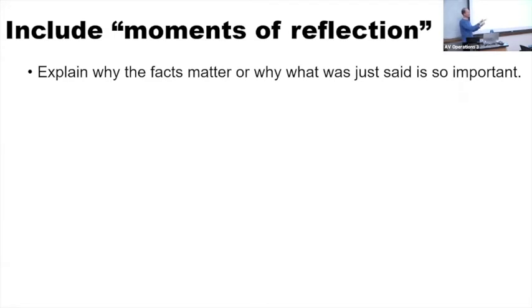So you may say that people sing certain types of songs, and then if you move on to the next thing, it's like, okay, he just said that there are certain songs. Why did you mention that they sing these songs, right? The song itself is not important, but it could be the music or the feeling of community that it engenders or whatever, right? So again, it's just explaining why what you said is important.